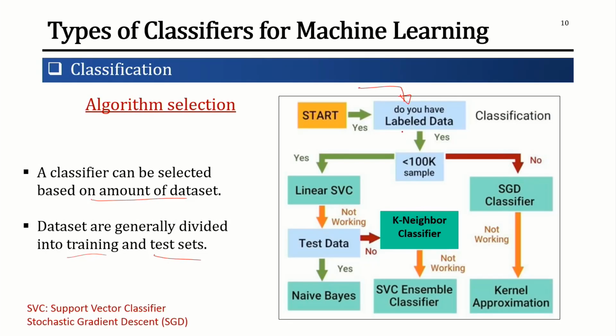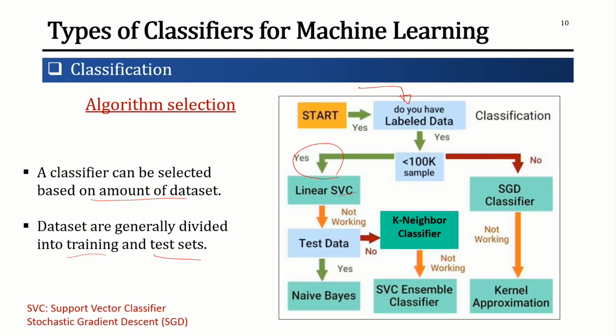Do you have label data? If we have, okay, it comes to the left side here, where we use a support vector classifier in the support vector machines algorithm. And if it is not working, we need to do something else, whether we can use our test data to perform the testing operation in the evaluation phase.